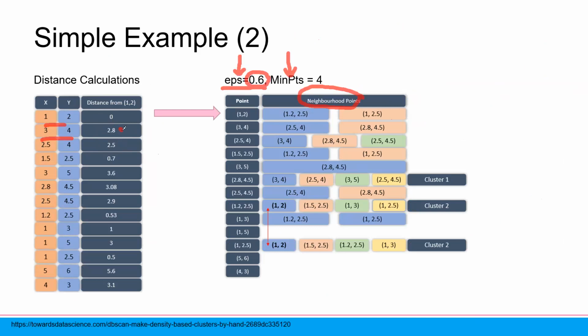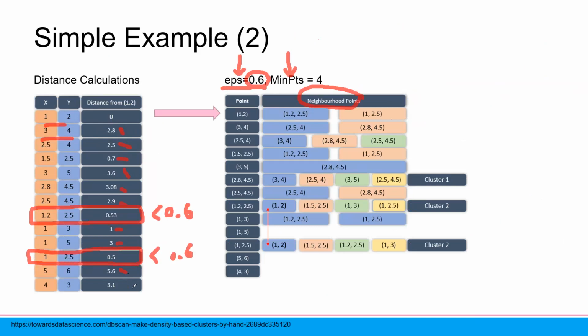This is 2.8. No. This is 2.5. No. This is 0.7. No. No. No. Okay. This is less than 0.6. Next. This is no. No. Okay. This is less than 0.6.